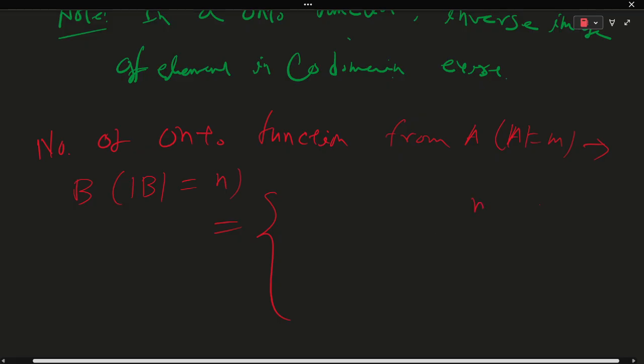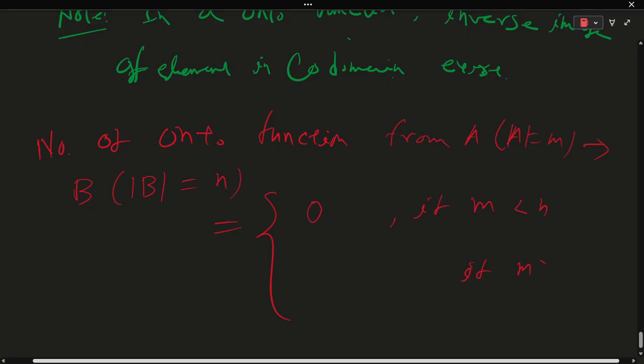If m is less than n, the domain has fewer elements than the codomain, so it fails to be onto, so the count is 0.